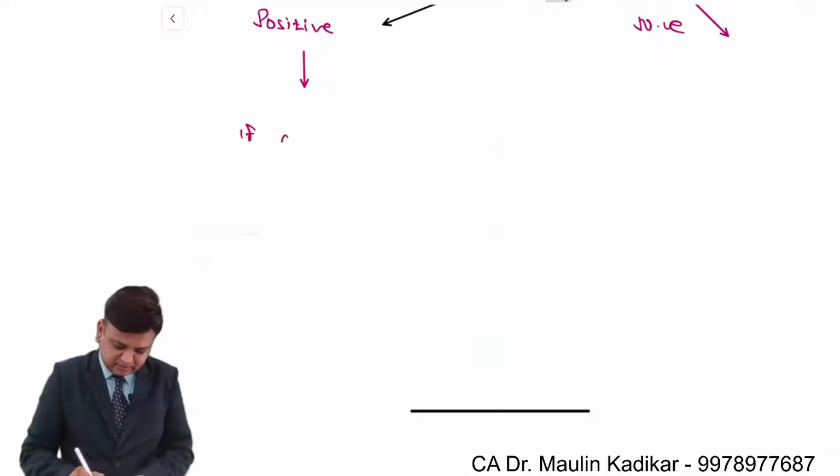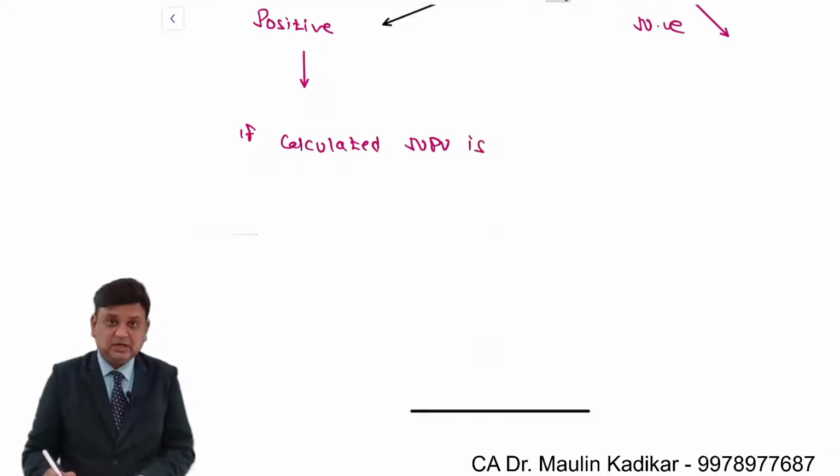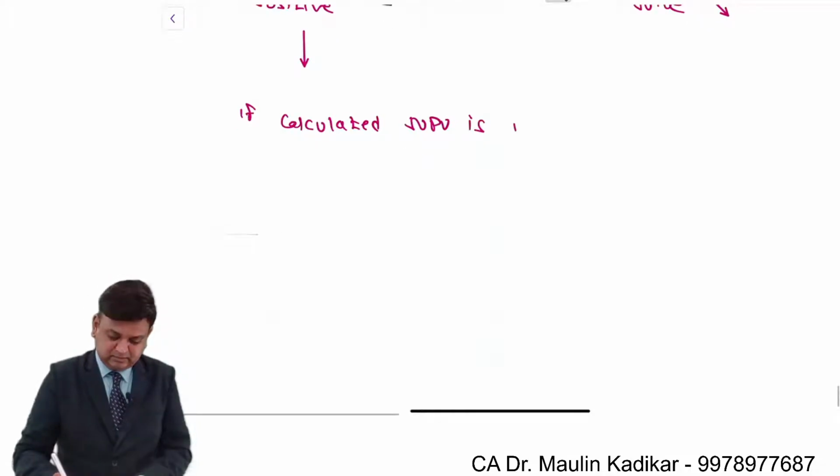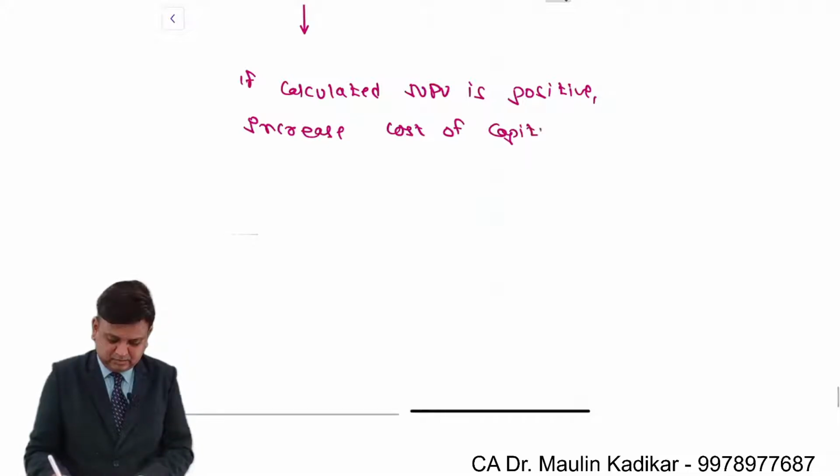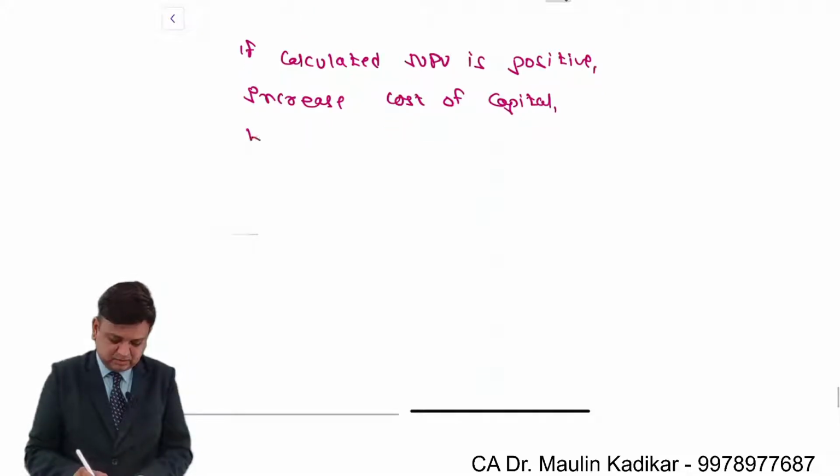If calculated NPV is positive, increase cost of capital to reduce NPV to negative.